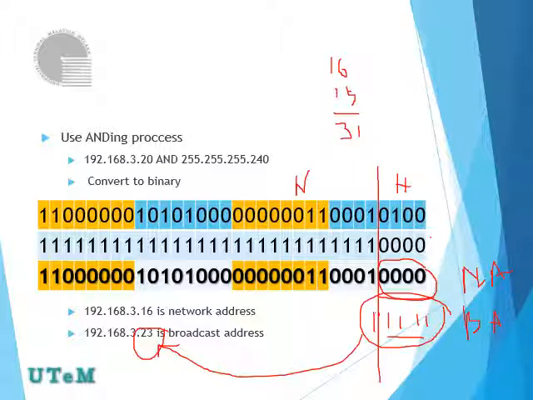I think this is wrong. It's not 23, it is 31. Here, 8, 4, 2, 1, and this is 15 plus 16, so 31. It's supposed to be 31.